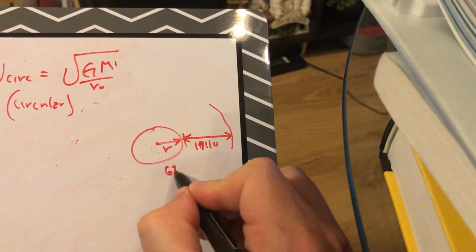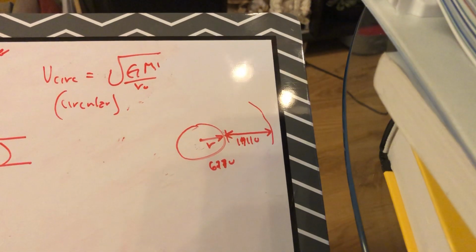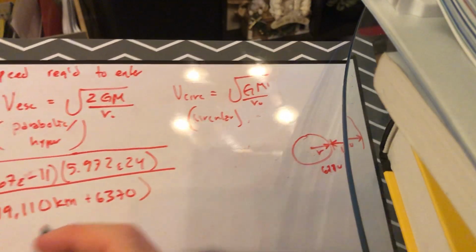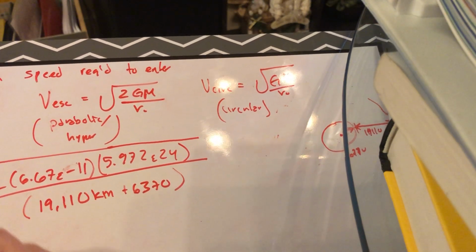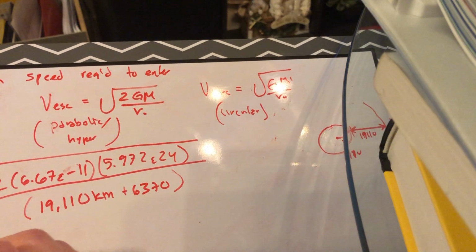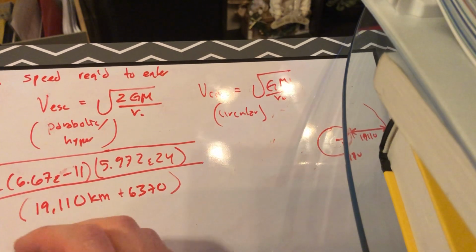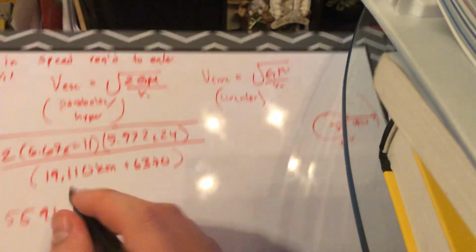The radius is 6370. So that is our total, true radius. That's the mass of the Earth. So the escape velocity gets you 5591 meters per second.